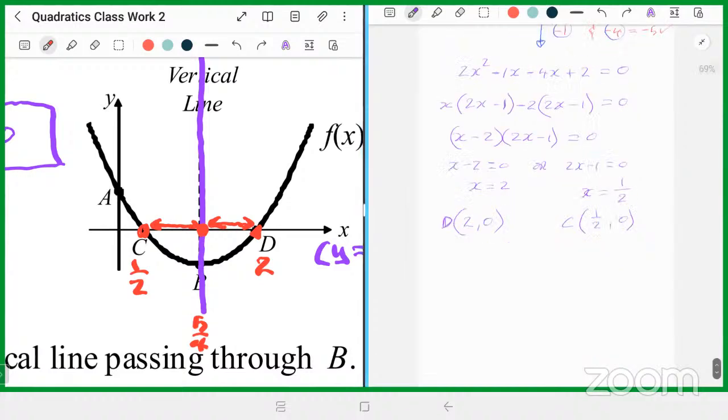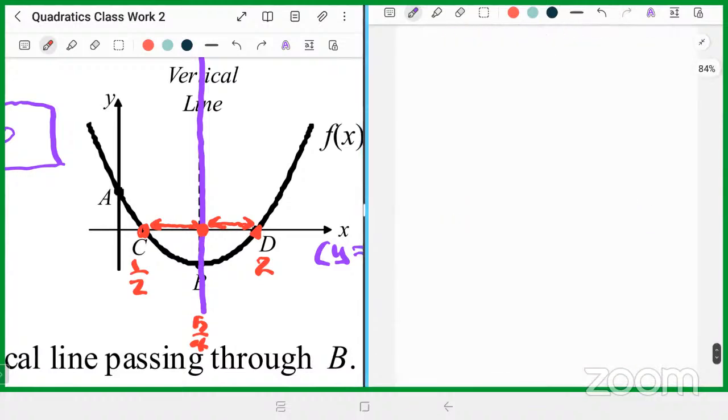I can prove it down here. Just extra work. If I average the 2 values, so if I take a half plus 2, and I divide that by 2, it's going to work out to 5 over 4. How can we prove that? I can add these 2. The half and this 2 gives 2.5. 2.5 is the same as 5 over 2.